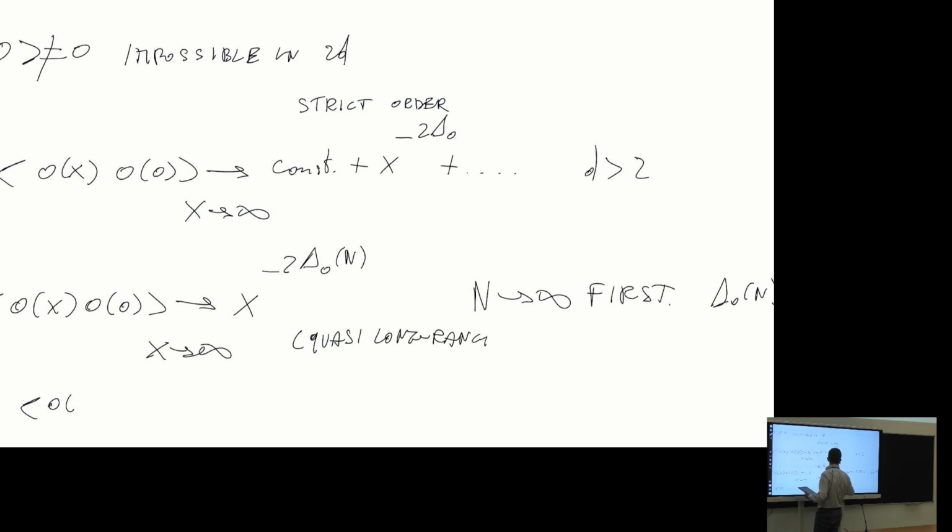So there is a notion of order, but it's not like that one because of the lack of the constant, let's say. Okay, so the most important application of this phenomenon is the BKT transition, which is precisely what I'm telling you here.